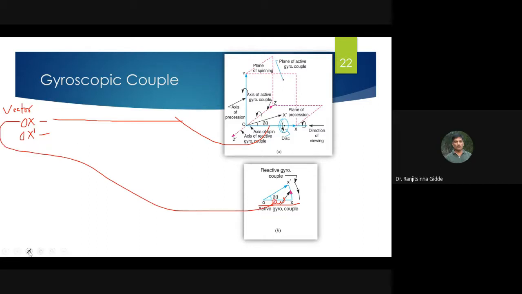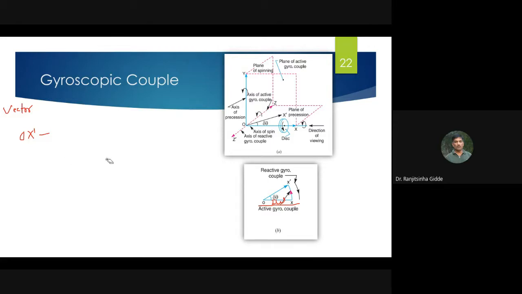Next line you can write, vector OX prime represents angular momentum when the axis of spin is OX prime.